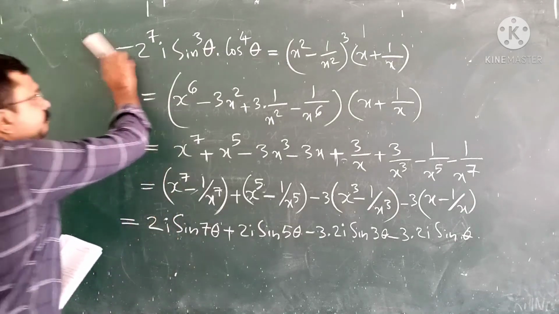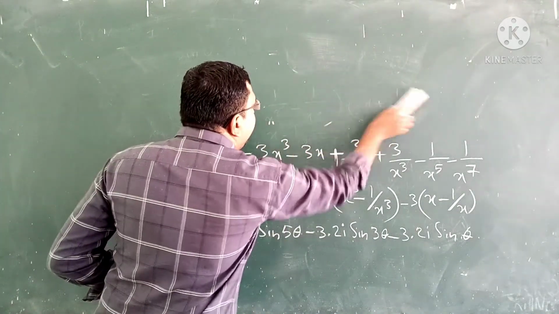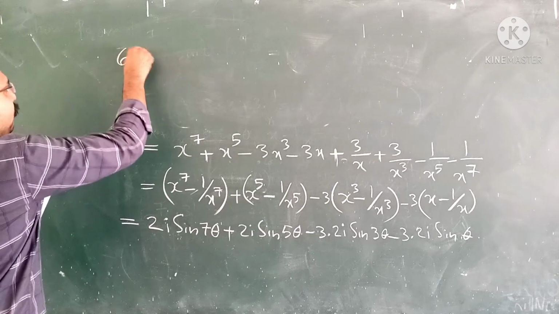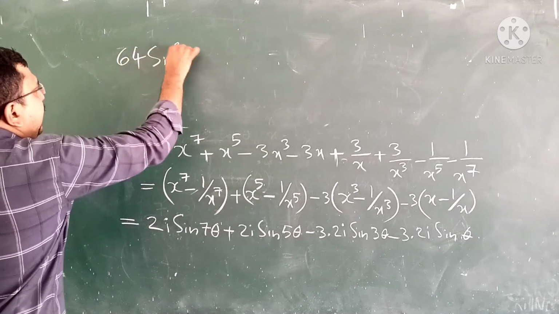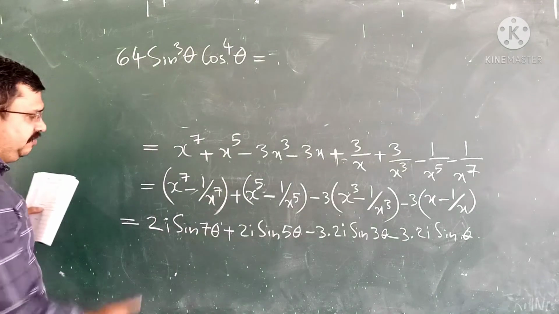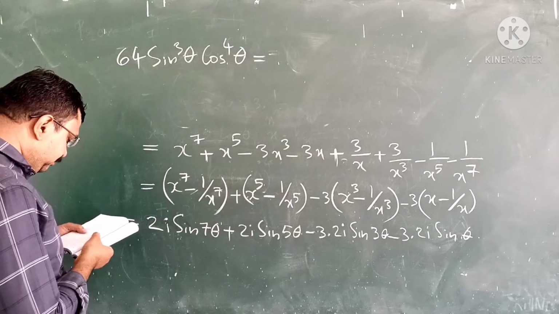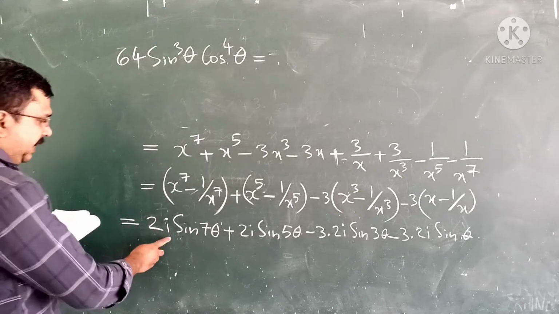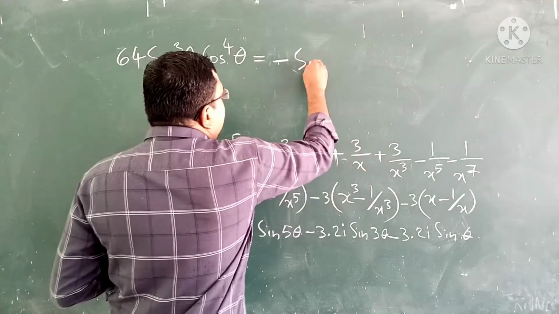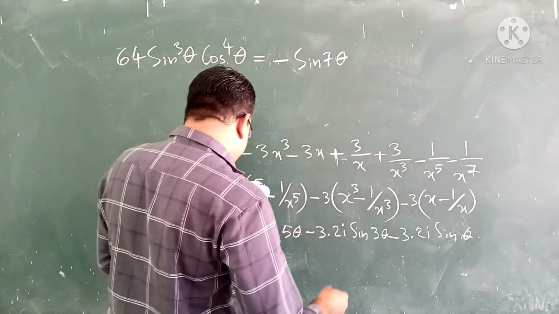Then the next step is dividing throughout by minus 2i, then we will get 64 sin cube theta into cos raised to 4 theta is equal to, dividing throughout by minus 2i, then we will get, the first term is minus sin 7 theta, second term is minus sin 5 theta.